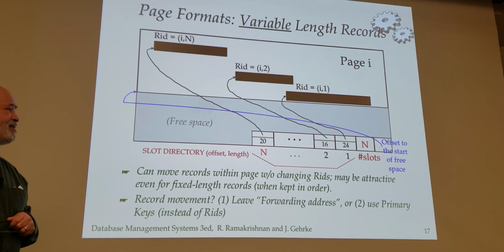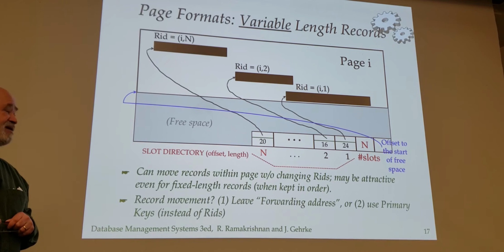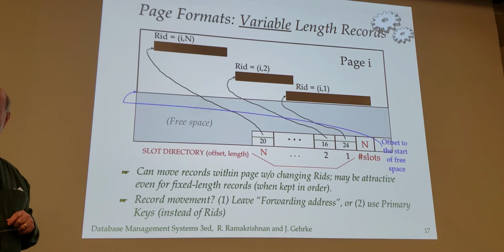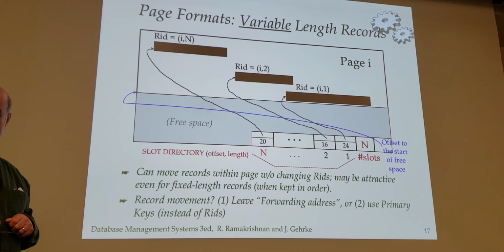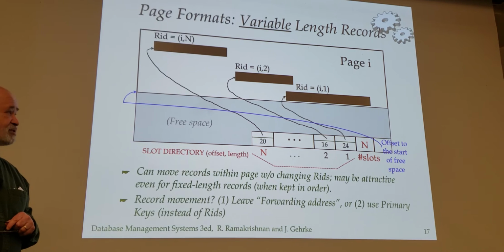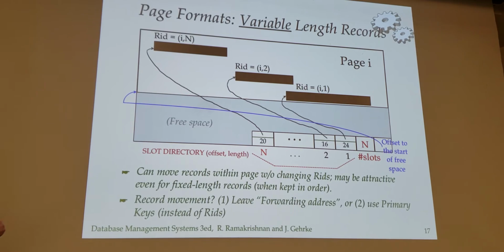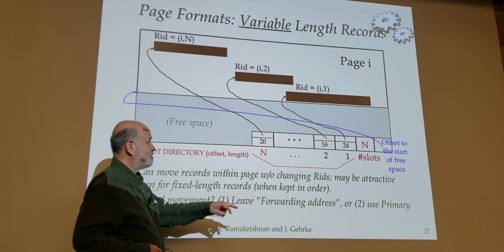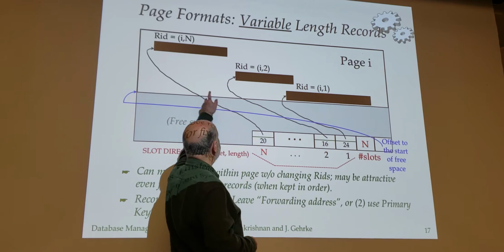And there are going to be N slots, and what's inside every slot? An offset and a length. Length and offset. That pointer, offset. So record 1 has length 24, and it's in, this arrow is not a pointer, it's a position on the page.